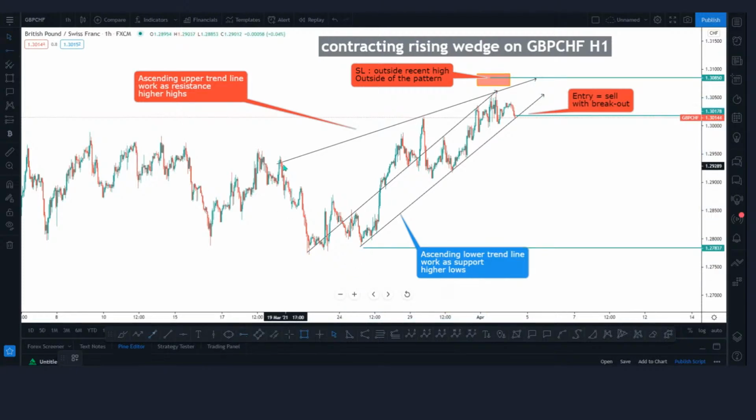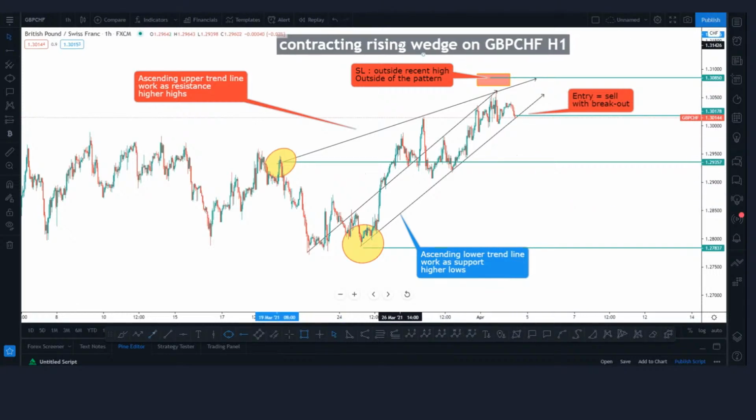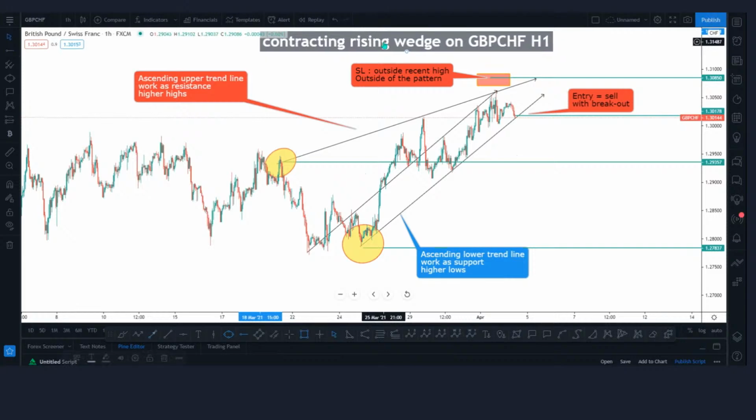Also, you need to highlight this high. So really you need to keep an eye on those two targets. This first one, because this high is going to work as support for you. The second level is this one. So those are two levels you need to keep an eye on if you take this short trade.